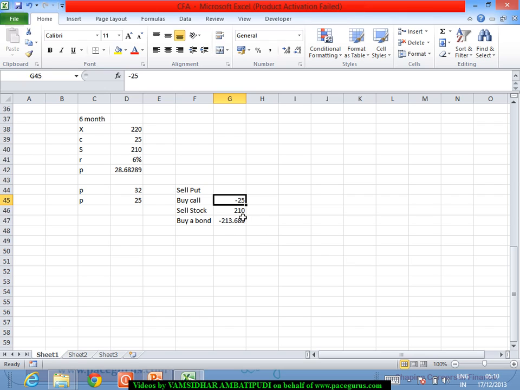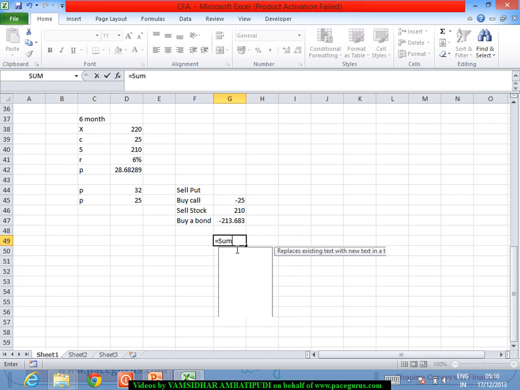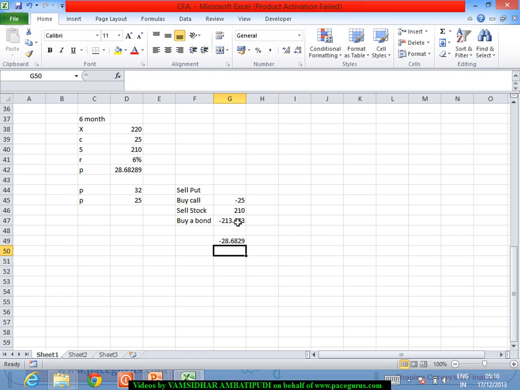So what is the overall transaction in this case? Your overall cost is around 28.68 bucks. But you have sold one put option. Because you have sold one put option, you are going to get 32 bucks today. Means you are already net 3.31 positive today.